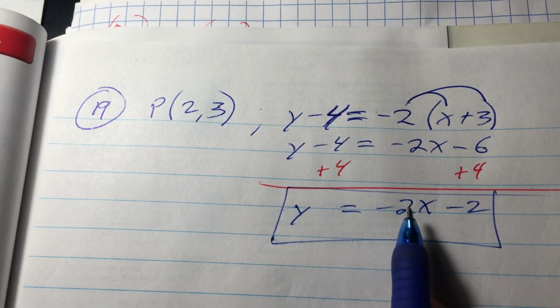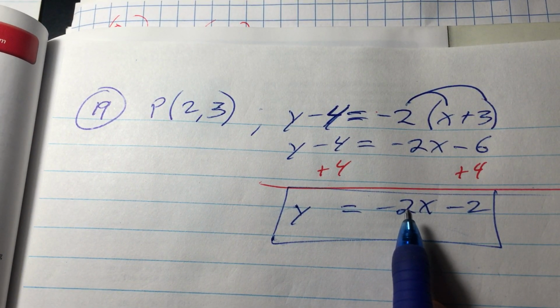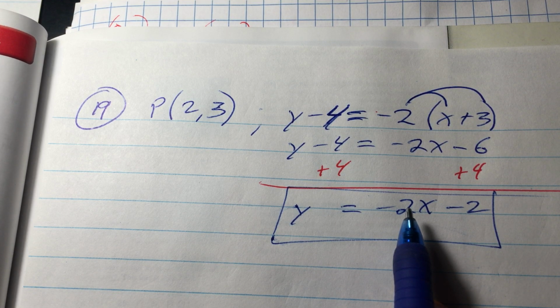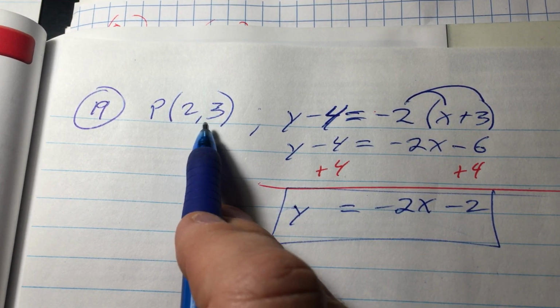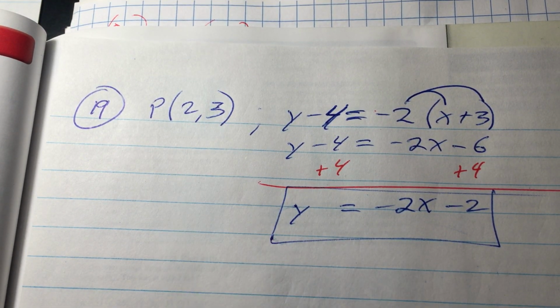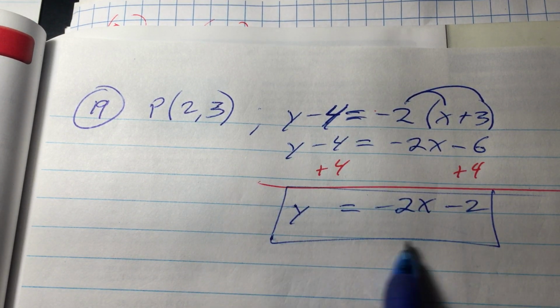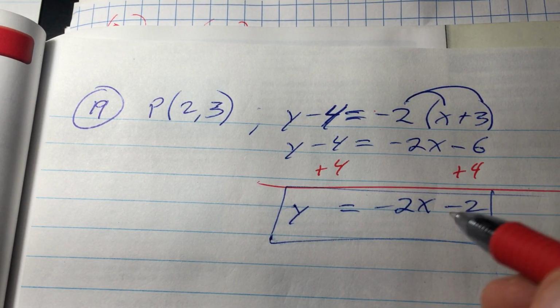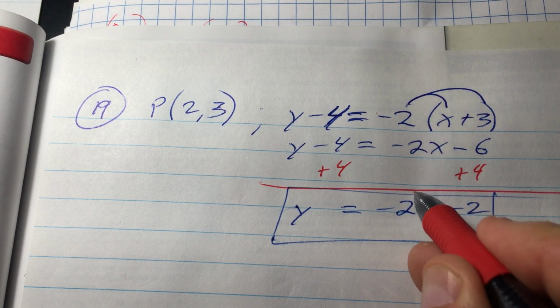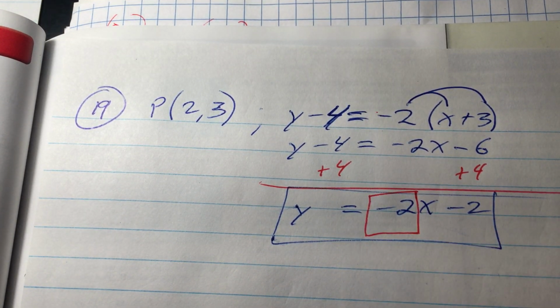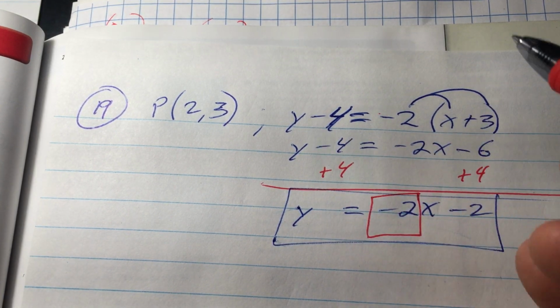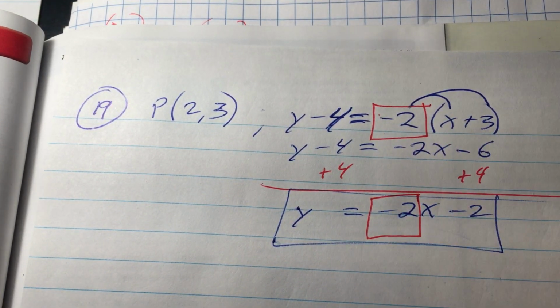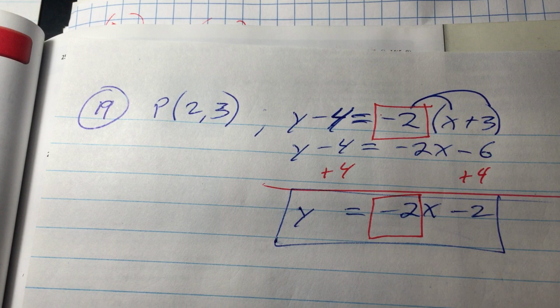Question 19 states, write an equation of a line passing through this point, P, and is perpendicular to this line. This is your slope. In point slope form, that is also going to be your slope. See, they have the same slope there?